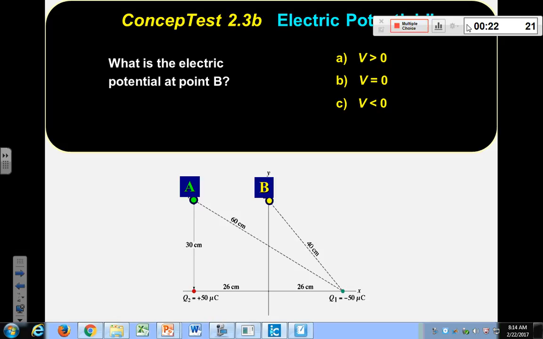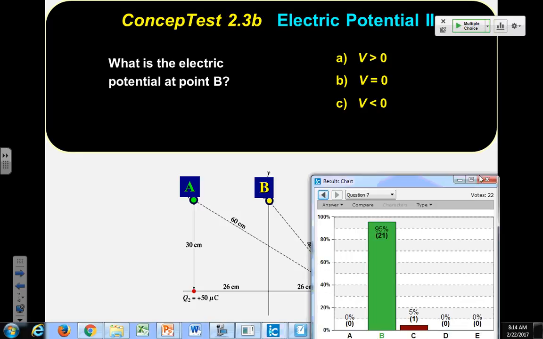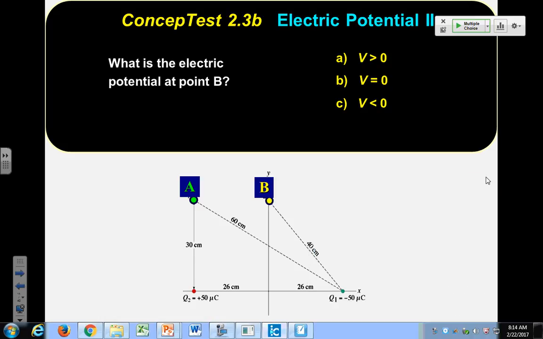One is positive 50, one is minus 50 microcoulombs. Okay, very good. B is right. So at that point, the potential is equal to KQ over R plus K negative Q over R. So those add up to equal 0.